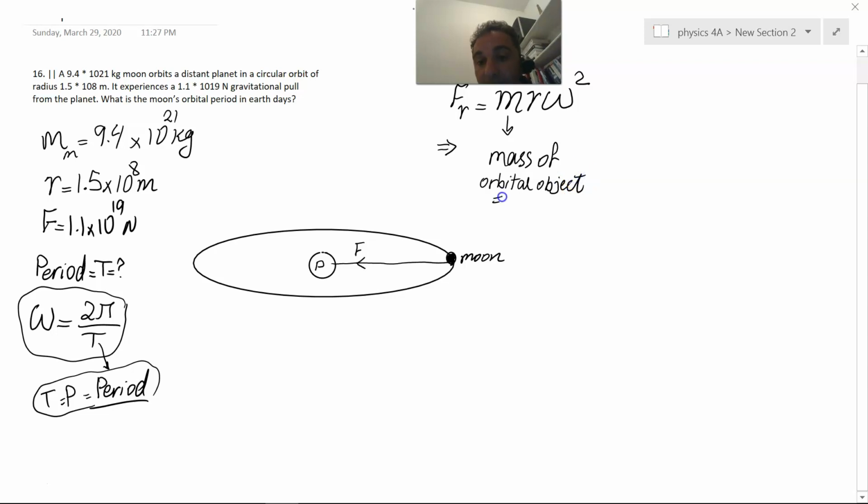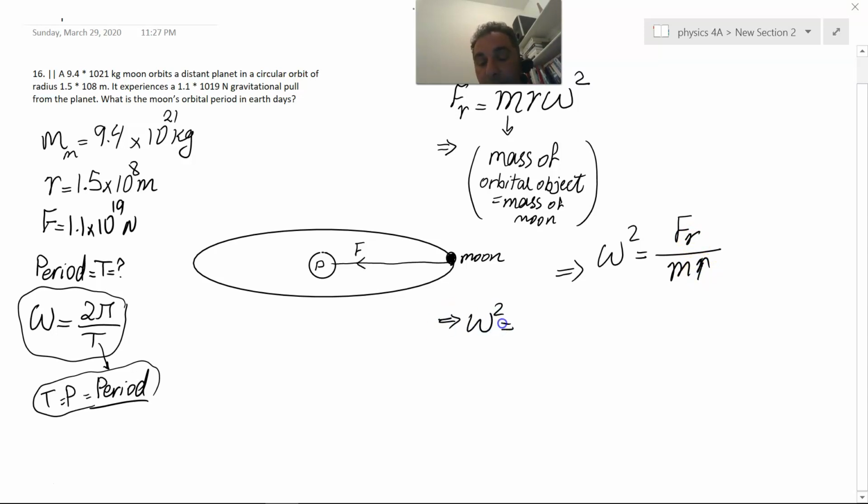So that's the mass of the moon here in this example. So m is known, radius is known, therefore omega square will be Fr over mr, correct?